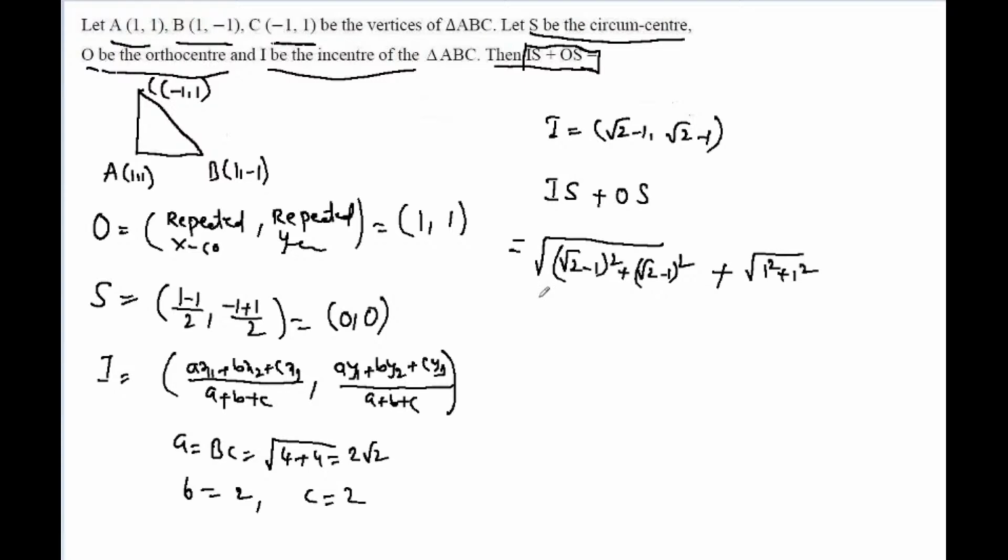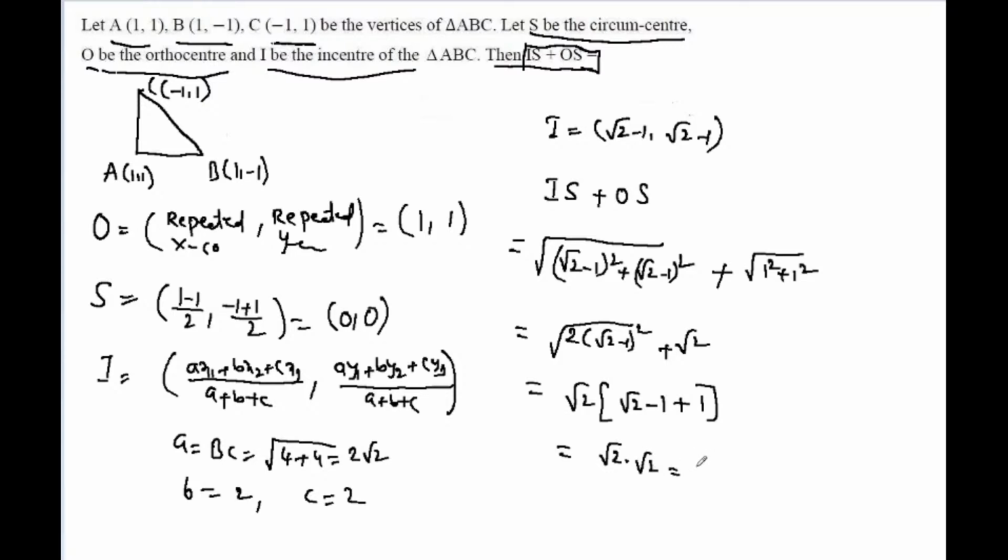So this is root 2 times (root 2 minus 1) plus root 2. Taking root 2 common, root 2 into (root 2 minus 1 plus 1), the 1 cancels, that is root 2 into root 2, that is root 2 whole square, which is equal to 2.